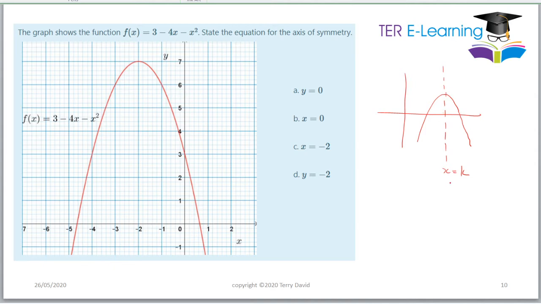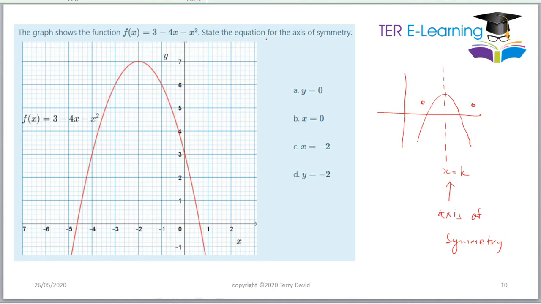So this here is what we call our axis of symmetry. So if I fold, let's say I were to draw this graph on graph paper and I fold the graph along that line, this part of the graph here and this part of the graph here is going to line up exactly, right? So that's like my mirror line, okay?